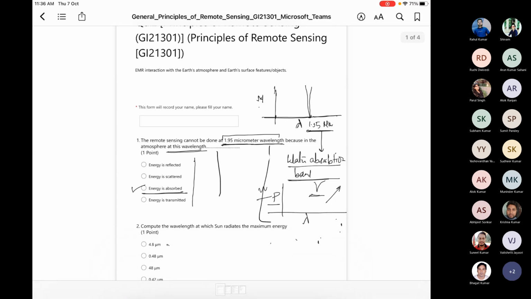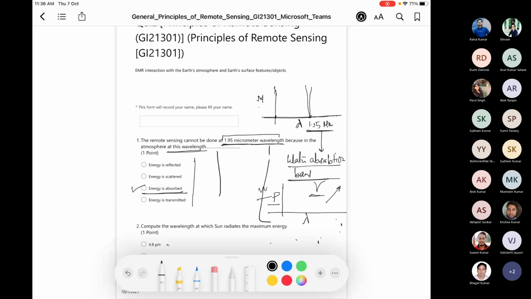Coming to the second problem, compute the wavelength at which the sun radiates the maximum energy. Which formula do we need to apply here? Wien's displacement law, correct. We calculate the wavelength lambda m, which is equal to A divided by T. The value of T here is 6000 degrees Kelvin, the surface temperature of the sun, and A is the constant.